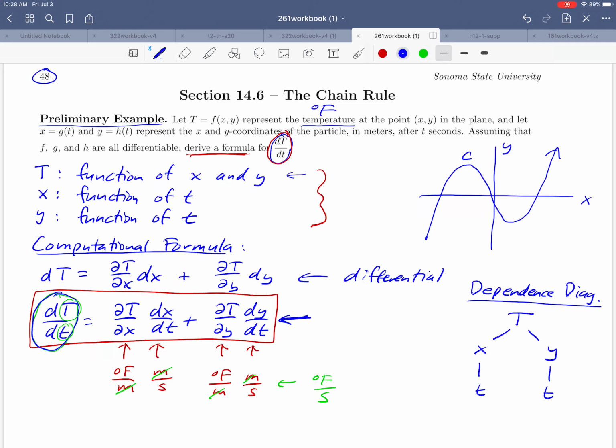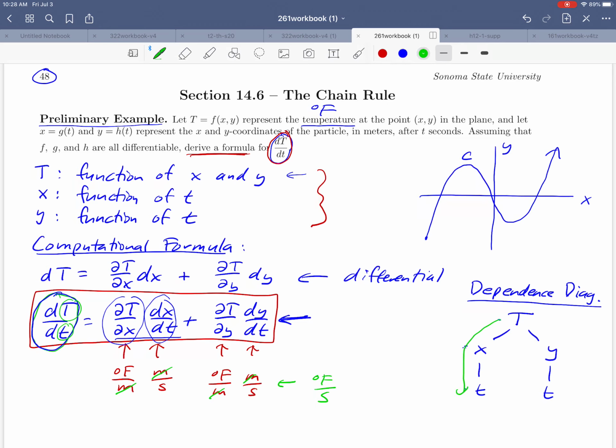Okay, well, let's see. Here's one. We go from temperature to x to t. And notice that our derivatives in the first term correspond to that. We first go from T to x. You can think of that as being the partial T partial x. And then we go from x to t. That's the dx/dt. And that takes care of one of the two paths.